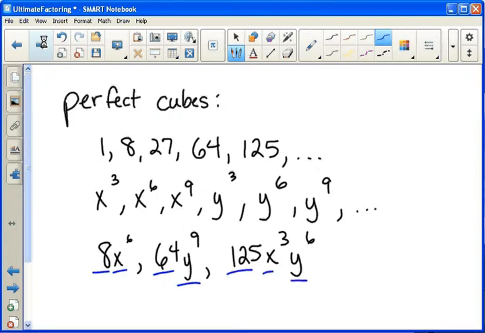If they're not all cubes, then the whole term is not a perfect cube. For example, if I were to pick 17x cubed, well, x cubed is a perfect cube, but 17 is not. That means this term as a whole is not a perfect cube.